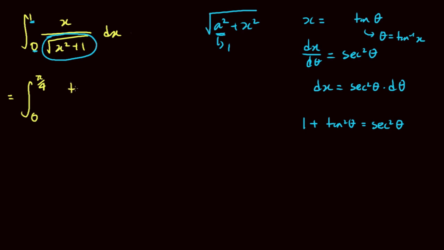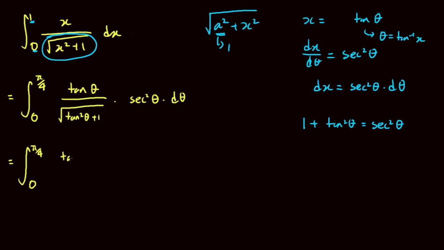x is simply tan theta. So it's tan theta over the square root of tan squared theta plus 1, times dx, which is sec squared theta d theta, from 0 to pi over 4.